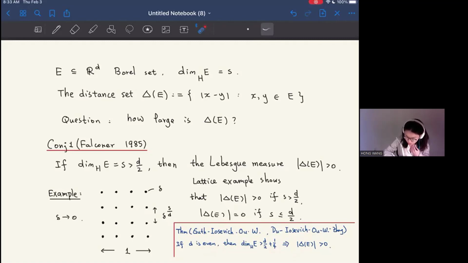Guth, Iosevich, and Ou proved this for d equals 2, and then with Du, Guth, Ou, and Zhang we extend this result to higher even dimensions using a projection argument. This projection argument will be an ingredient in our results today in higher dimensions, and we will see later why d even is an assumption.